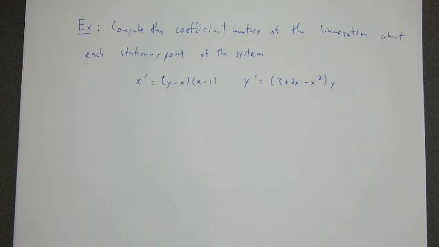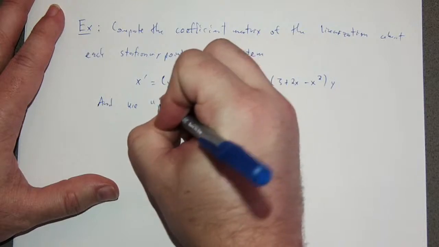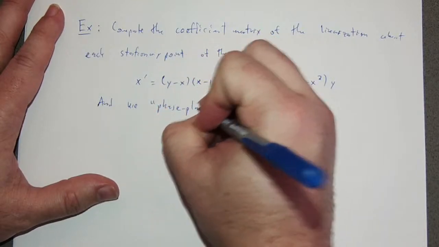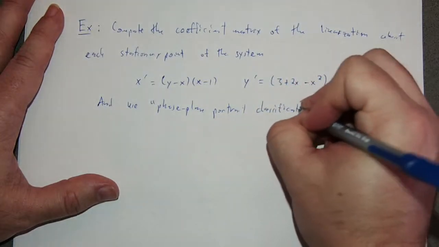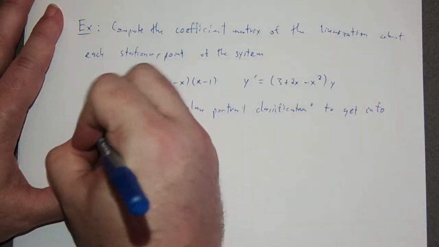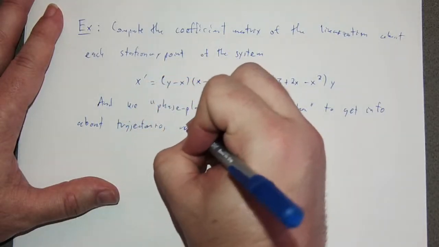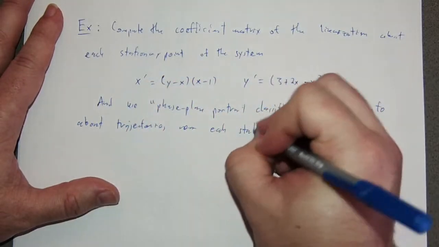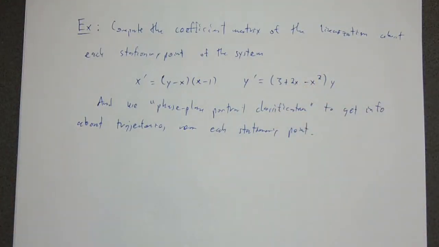And use the phase plane portrait classification to get info about trajectories near each stationary point. We do this by applying that phase plane portrait classification to these linearized systems, these approximated systems near each stationary point.